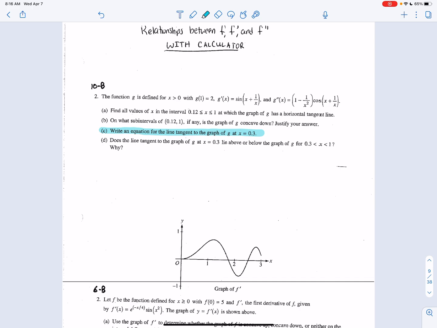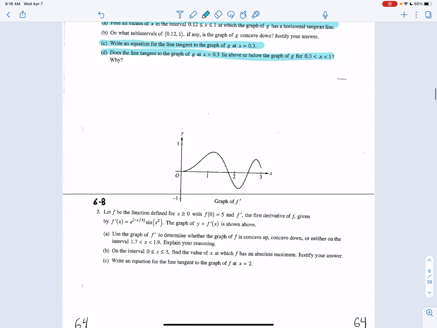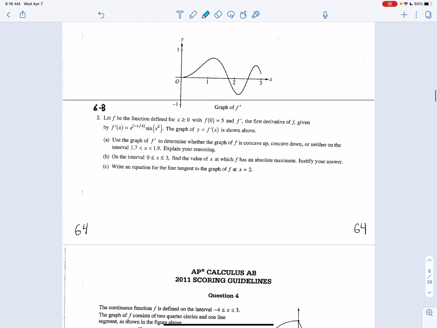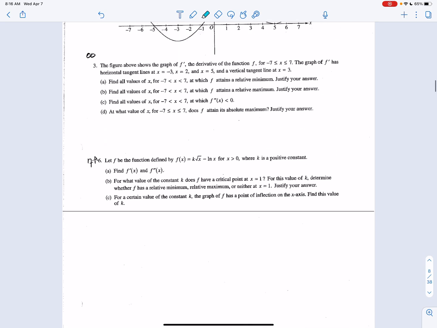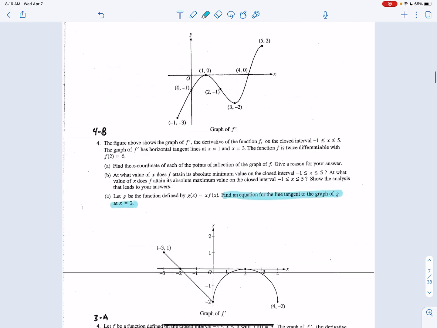And I'll highlight this as well because it deals with the tangent line. I think the first one also deals with the tangent line, so I'll highlight that too. In 2006, part C. So quite a bit, not every single part, but for the most part.